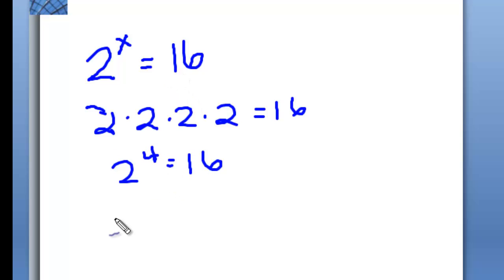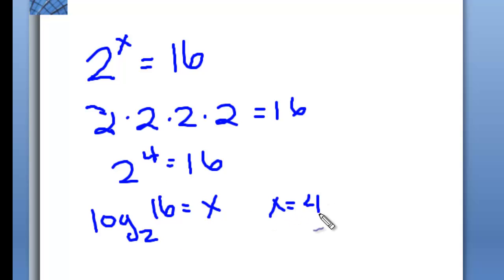So if I'm writing this in logarithms, I would have log base 2 of 16 equals x. What number am I raising 2 to get 16? And we just showed here that x is equal to 4.